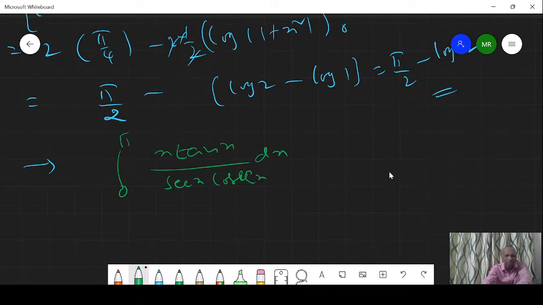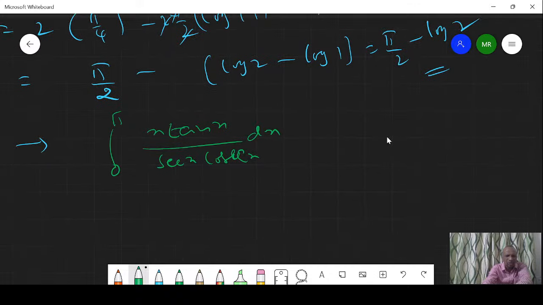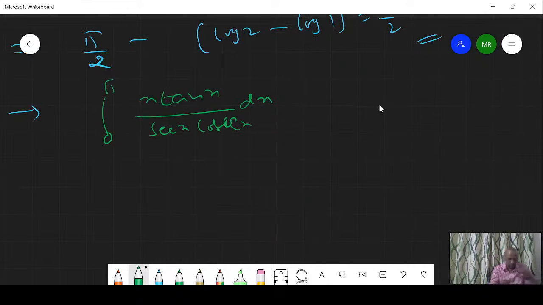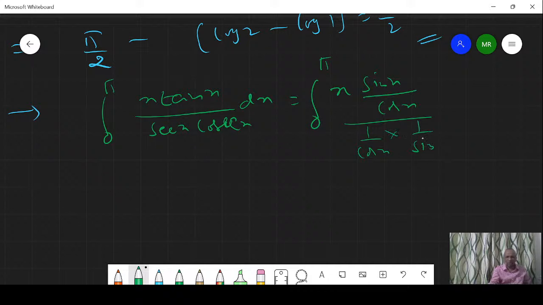This can be written as, see if you observe, this is a simple problem. You can write 0 to pi, tan x is sin x by cos x, x into sin x by cos x, secant x is 1 by cos x, cosecant x is 1 by sin x.